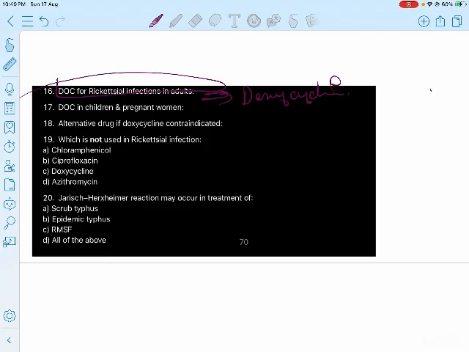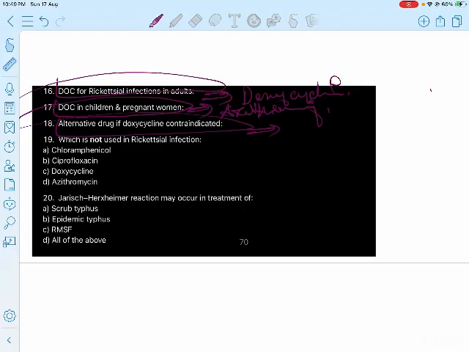But for the drug of choice in pregnant women and children, azithromycin can be given in pregnancy. Doxycycline is contraindicated in pregnancy, so azithromycin. The older alternative if doxycycline was contraindicated was chloramphenicol. Okay, it was an older alternative.